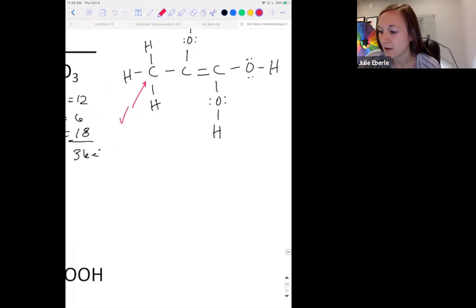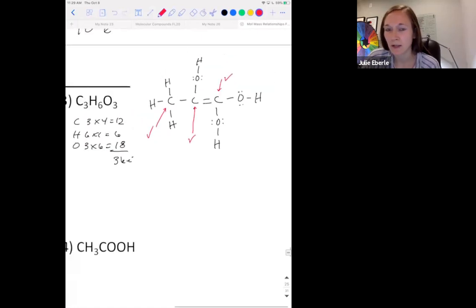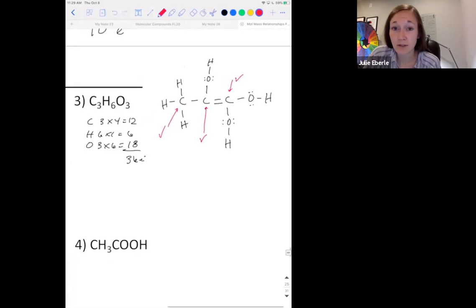Now, does this carbon have 4 bonds? 2 single bonds and a double bond? Yes. What about this carbon? 2 single bonds and a double bond? That's 4 bonds. We're good. So this is literally my strategy with Lewis structures. If you're wondering how I do them, sometimes it's trial and error.